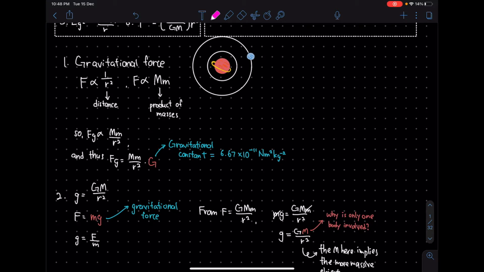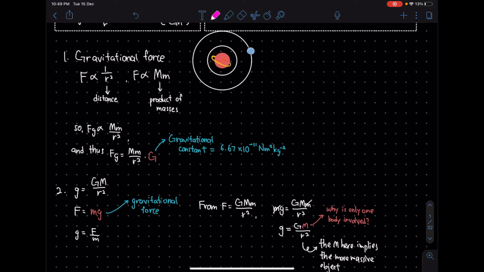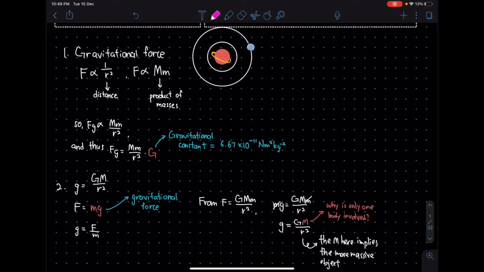So for the first one, we'll talk about gravitational force. We discovered that the force is directly proportional to the inverse square distance, and it is also directly proportional to the product of masses. Technically, it can apply for any mass, but for this case, we should only consider large bodies of masses.